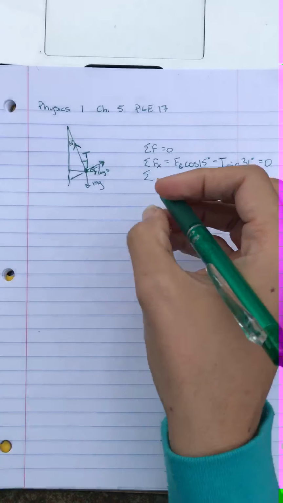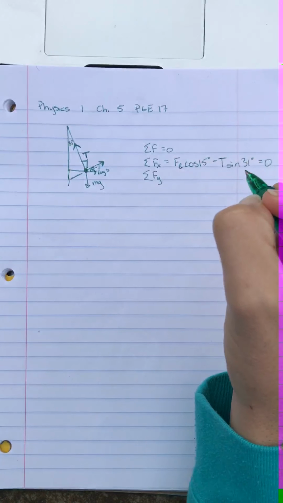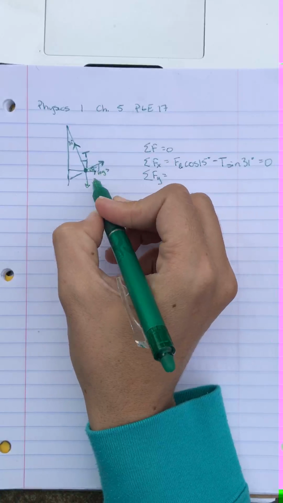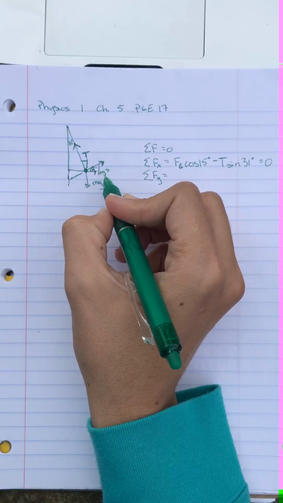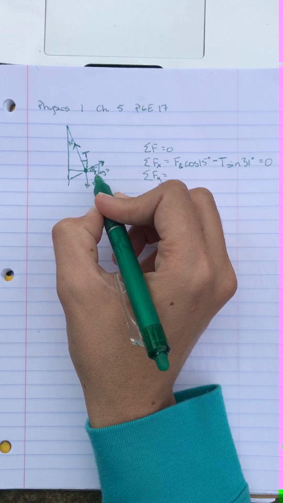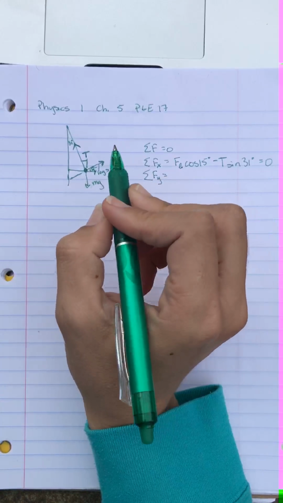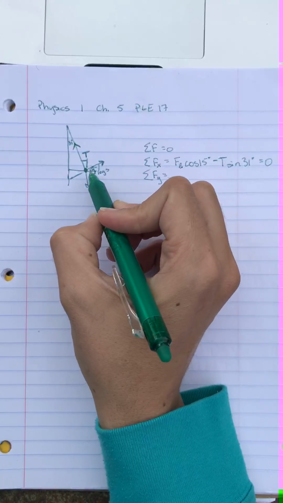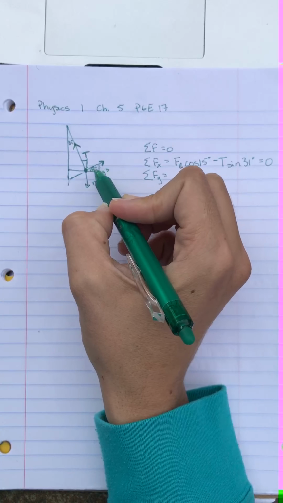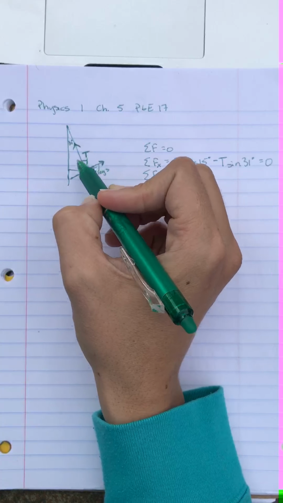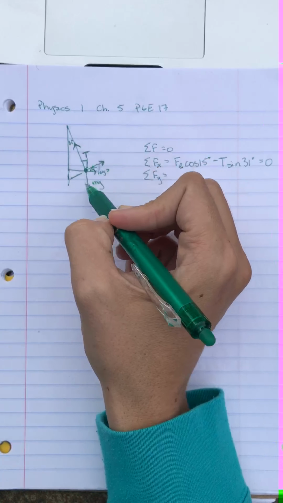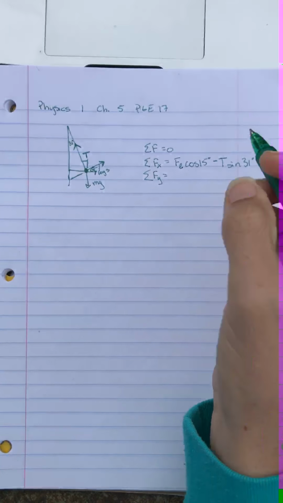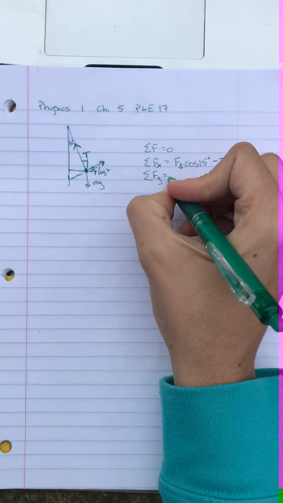Next, we have our net force in the y direction. And this one, we actually have 3 pieces. We have our mg, the y component from the legs, and the y component from the tension. The y component of the legs is going up, the y component of the tension is going up, and the y component of mg is going down. And these are going to be the opposites, right?